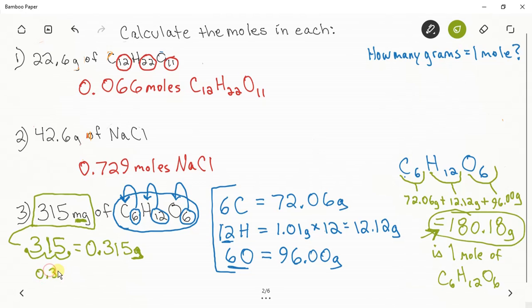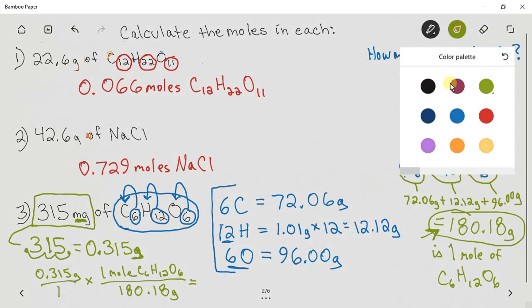So we're going to take that 0.315 grams over 1, and multiply it by 1 mole of C6H12O6, which is 180.18 grams.